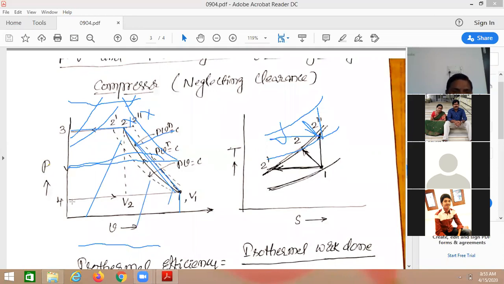But here the area under 4, 1 should not be considered, so that must be subtracted. By doing that, we can get the work done.